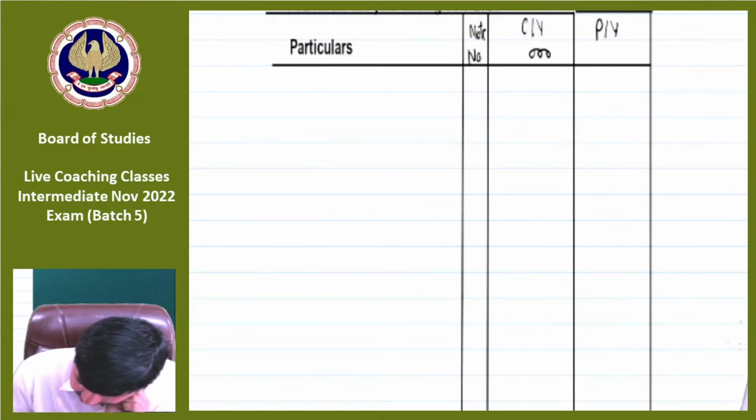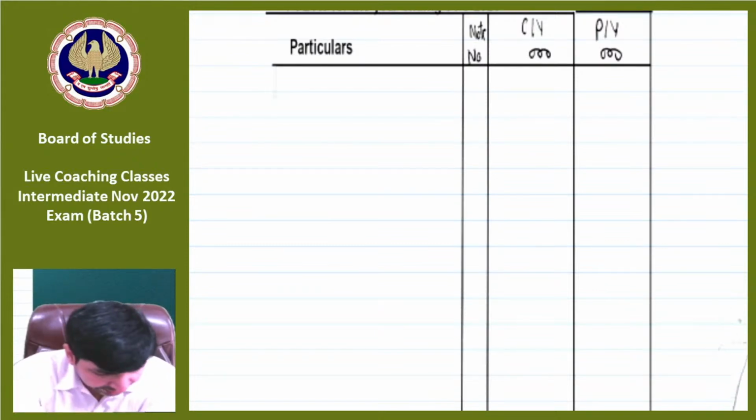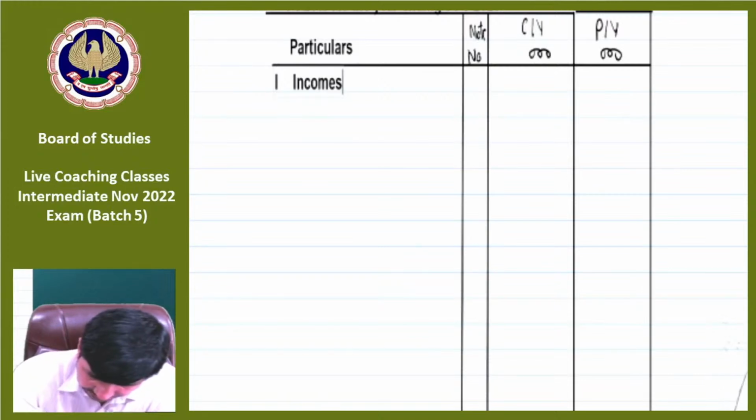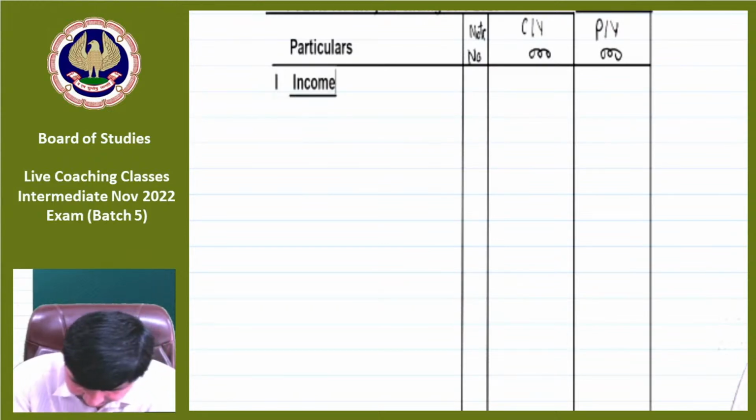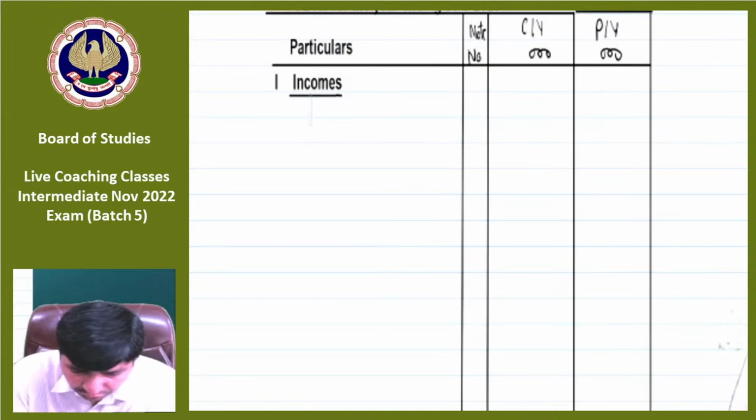Figures in thousands. Remember, here we will represent only the headings. Income, then two types of income are there. Number one, you can also give numbering A and B. No issue will be there.